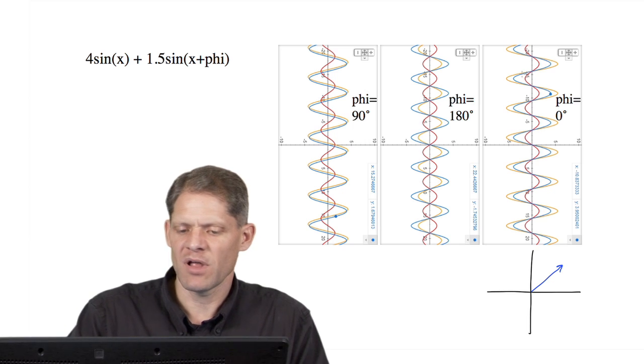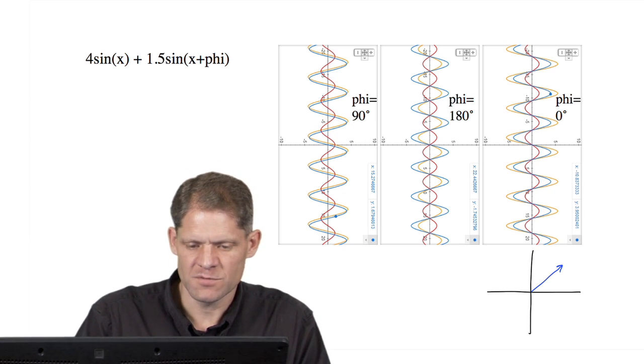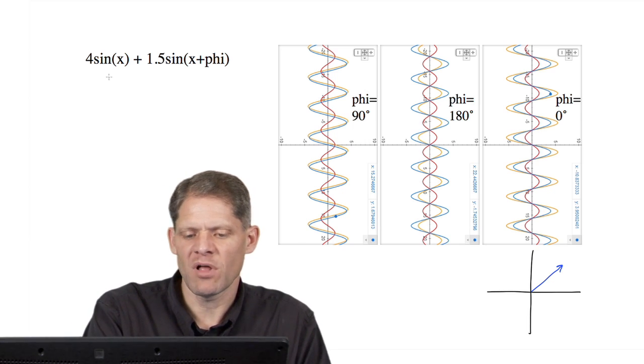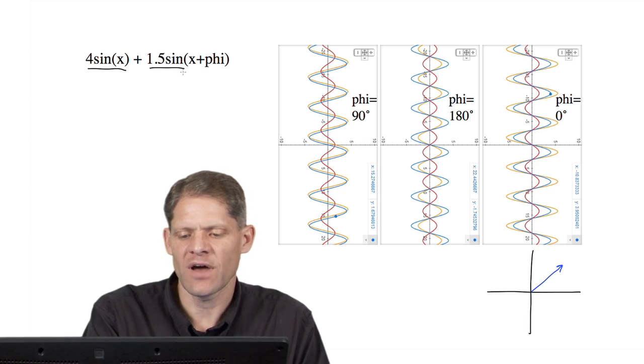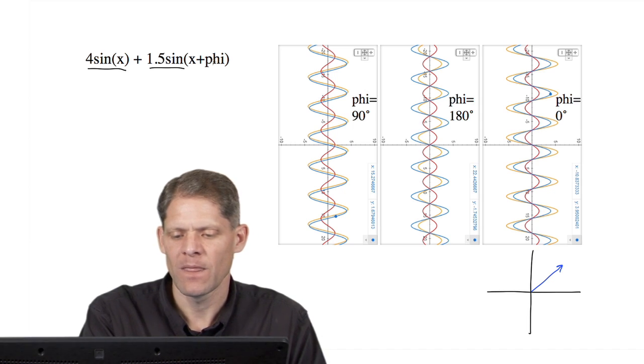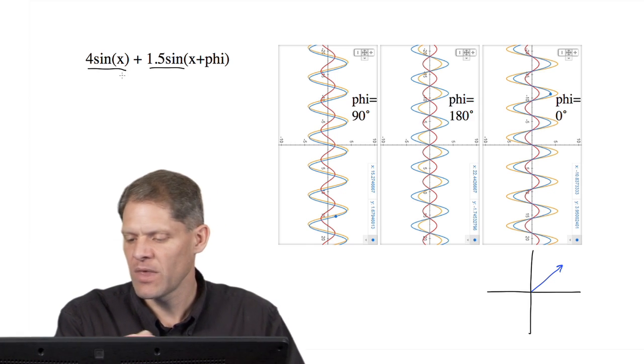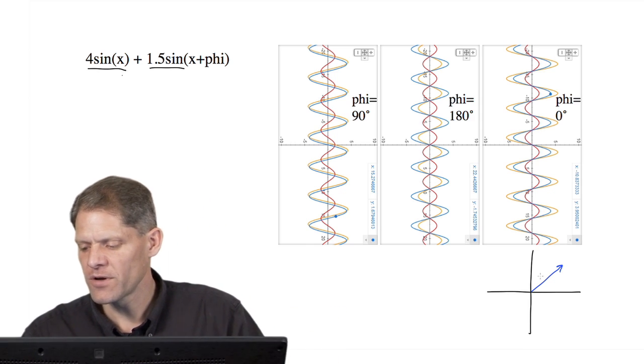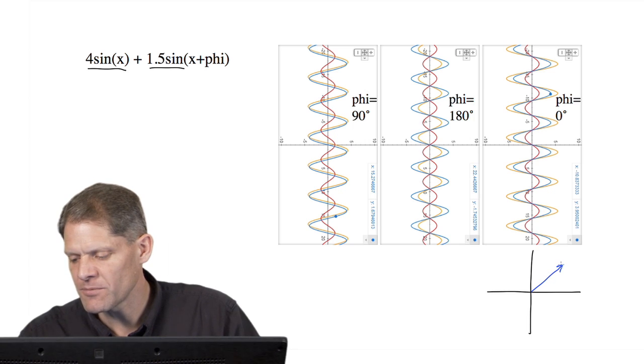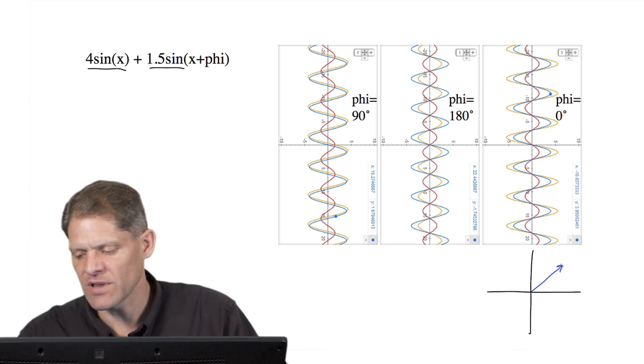Now, actually, these plots are of 4 sine x and 1.5 sine of x plus a phase factor phi. And so the blue curve here is 4 sine of x, and so its amplitude is 4. And so here, this vector I'm going to represent has a length of, let's say, arbitrary units of 4.